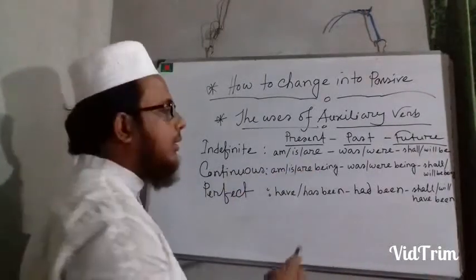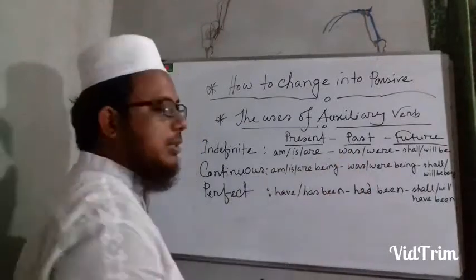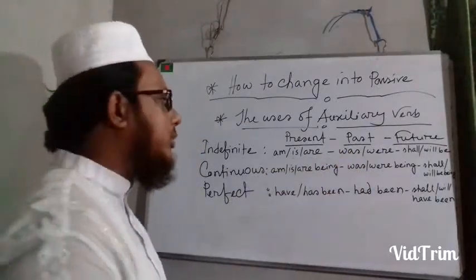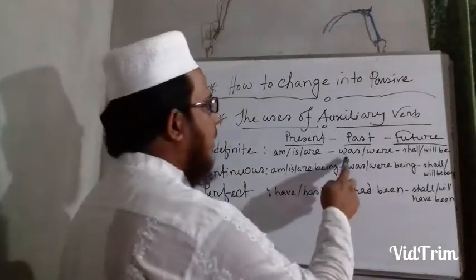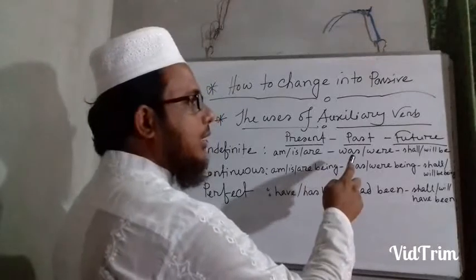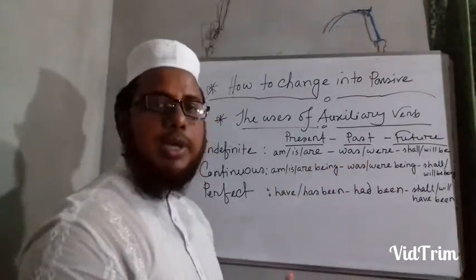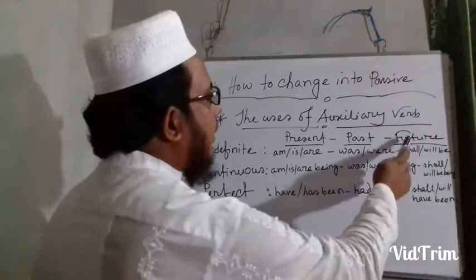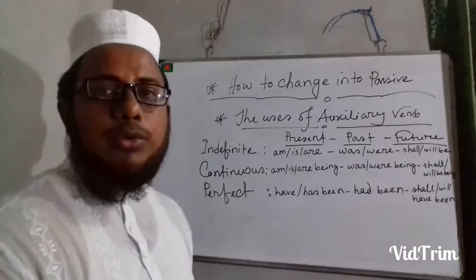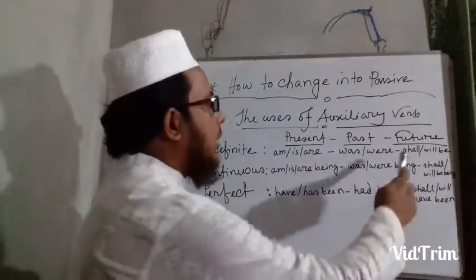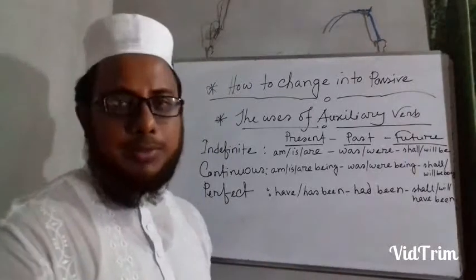Okay, when the active voice is past indefinite tense, then in the passive voice we have to use the auxiliary verb was or were. When the active voice is future indefinite tense, then we will use shall be or will be as the auxiliary verb.